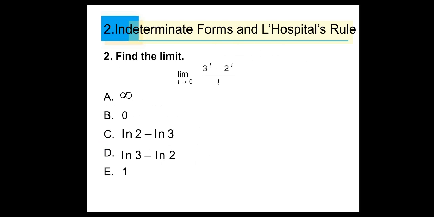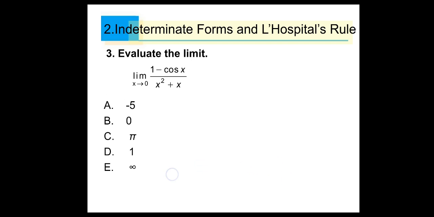Then there's another example. It says find the limit, and this is for L'Hopital's rule. You have to find the limit and then prove that limit as well. Again, evaluate this limit. You have to choose the correct answer.